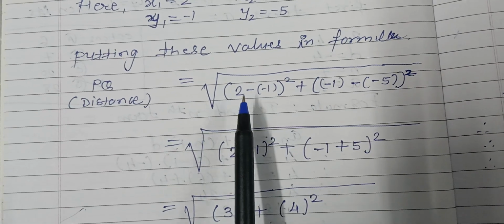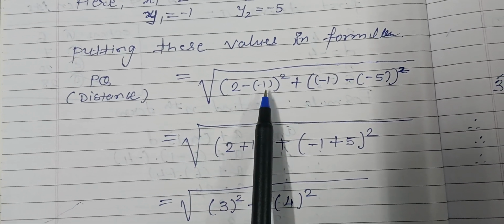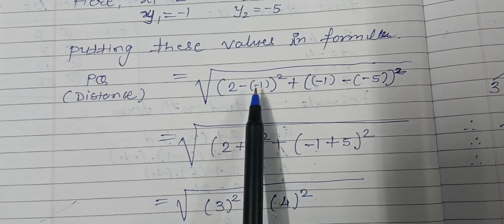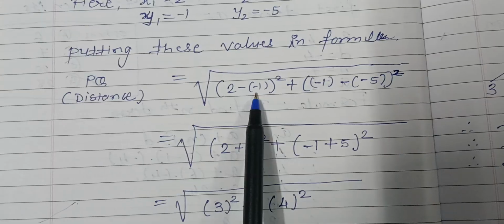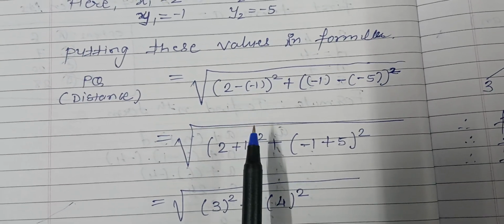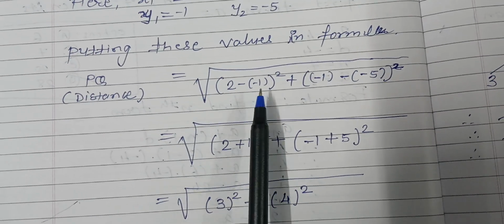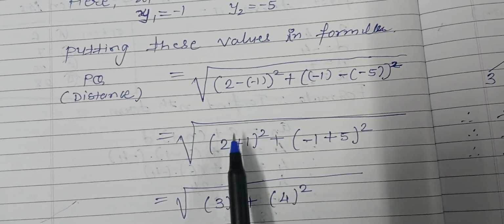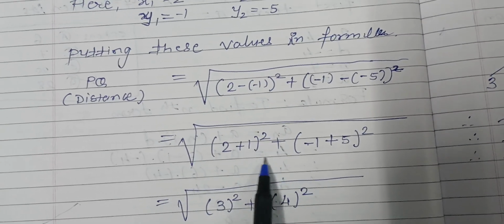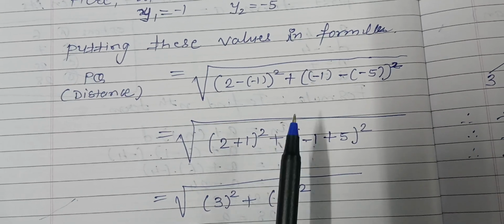Okay, so 2 as it is, and we know that minus into minus, minus multiplied by minus, gives us a plus. This is the mathematical rule as we all know. So minus into minus is plus, 1 is as it is, and we close the bracket and put the square as it is.